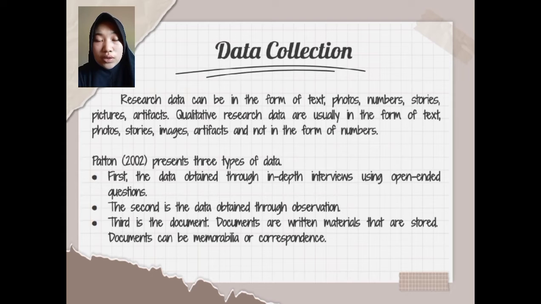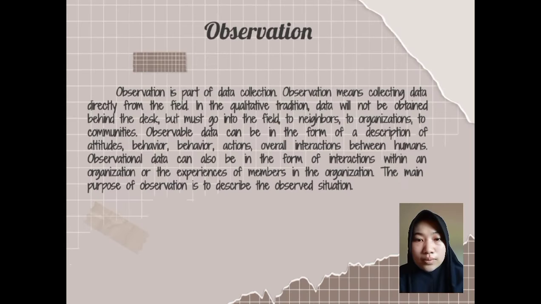According to Patton 2002, there are three types of data. First is data obtained through in-depth interviews using open-ended questions. The second is data obtained through observation, and the third is documents. Documents are written materials that are stored. Documents can be memorabilia or correspondence.